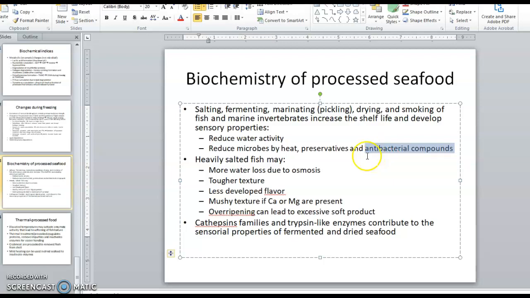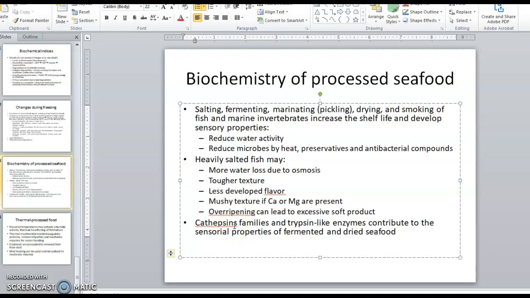However, the heavily salted fish may lose more water due to osmosis. The texture can be tougher. It can develop less flavor, mushy texture if calcium or magnesium are present. Okay, probably certain kind of salt contains this ion, and over-ripening can lead to excessively soft product of the salted fish.